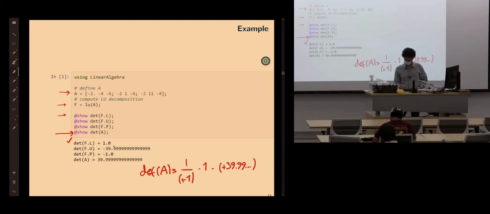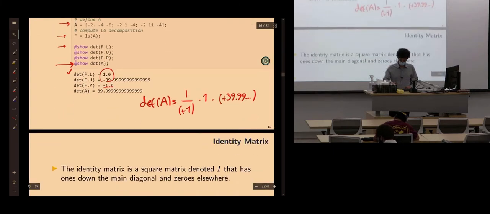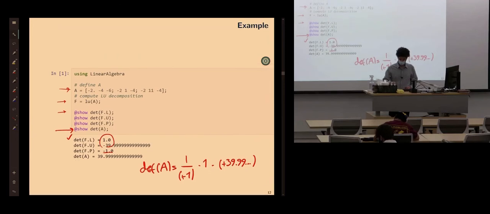So if you multiply these two and divide by the third one, you get the same answer as directly querying the determinant of A in Julia. Okay. Any questions so far before jumping to the next topic?